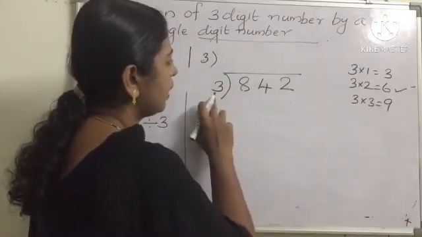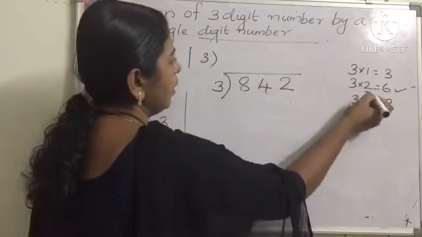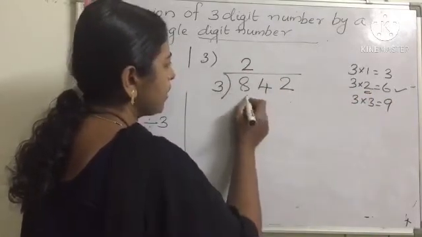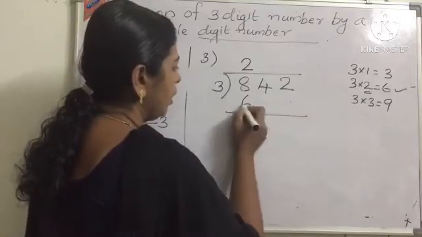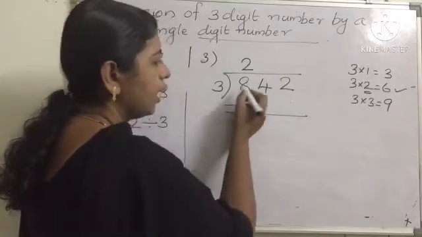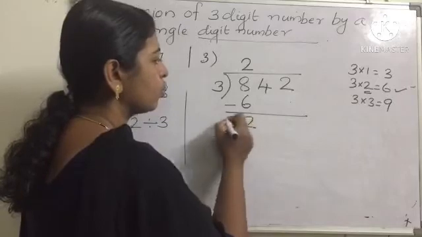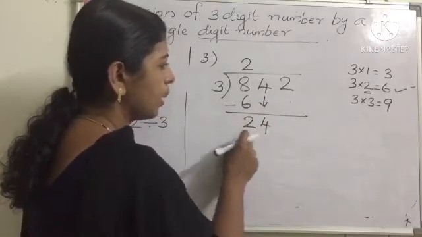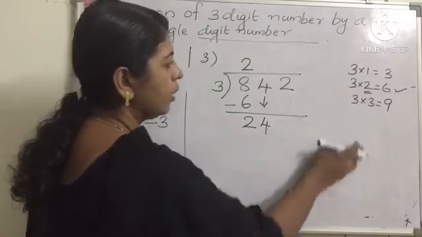Then how many times? 2 times in 8. 2 times 3 is 6. Then what to do? Subtract. 8 minus 6 is 2. Then after that we write this digit down. Now it's become 24. We can continue the table.